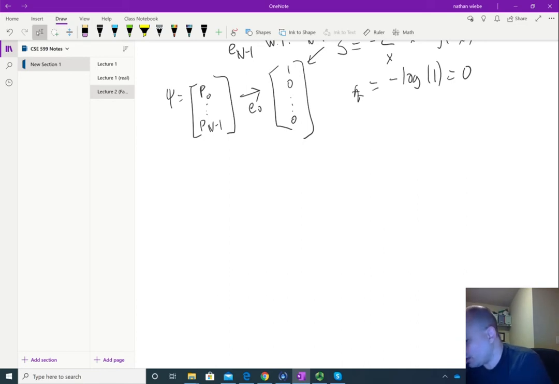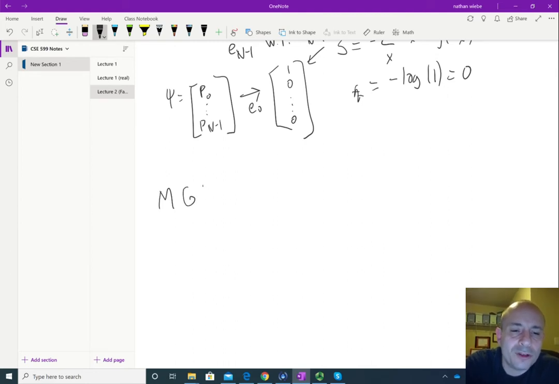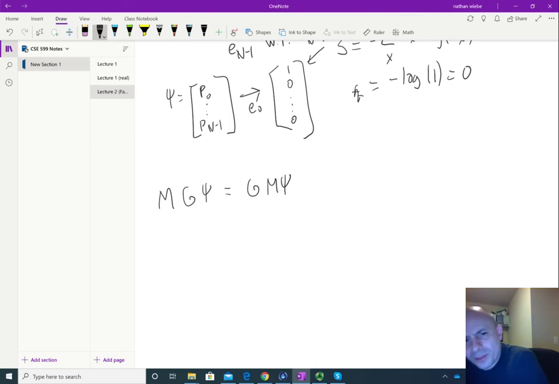If we've got any state psi over here, then for any reversible operation g, we have M g psi equal to g M psi. Measurement is kind of an operation in the sense that it changes our description of the state.